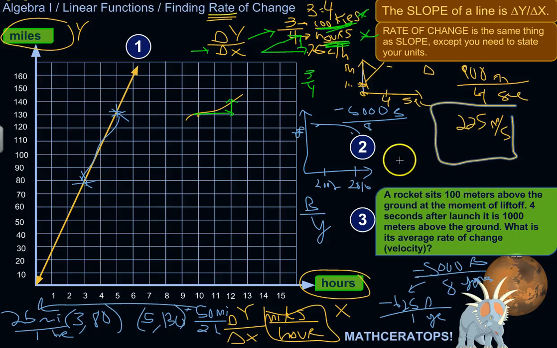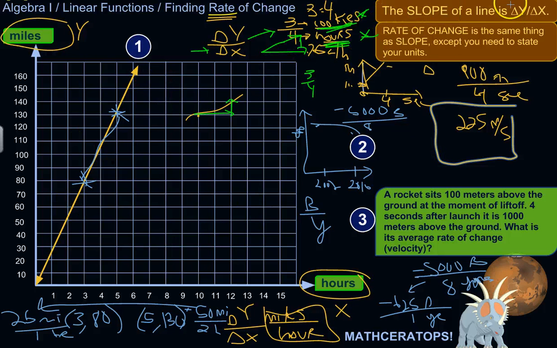So rate of change, you're looking at a change in some quantity. Here was a distance in meters. Here was distance in miles. The other example is just number of bears versus some other quantity, usually measured in time, often measured in time. Hours, seconds, years. It could be something else too. So rate of change is the slope.